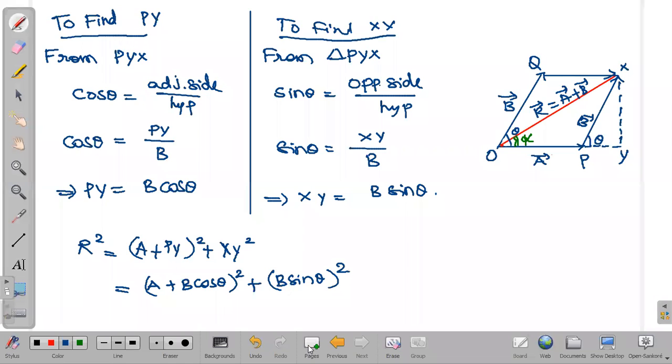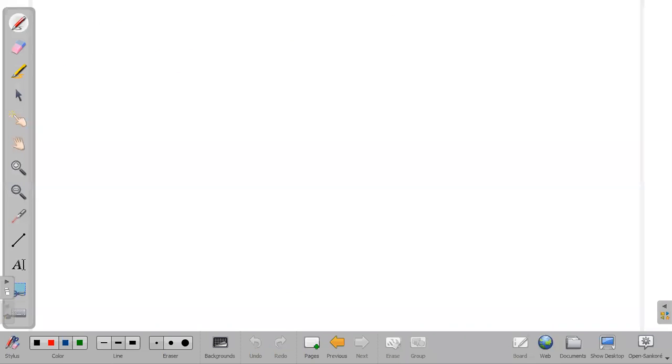Now this I will expand on the next page. R square is equal to A plus B cos theta whole square. If I expand, A square plus B square cos square theta plus 2AB cos theta is the first term.